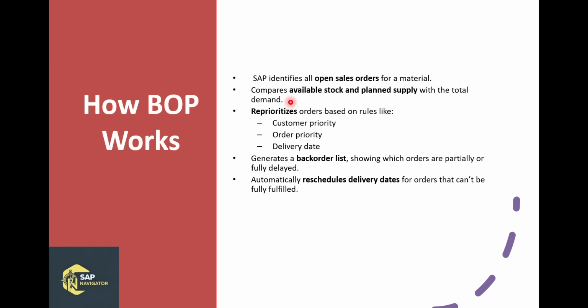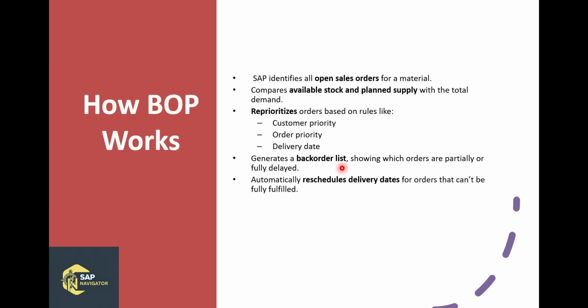Once it gets the data, it will reprioritize the orders based on rules, like customer priority and delivery date. We have to define the rules in the BOP segment. Then it will generate the backorder list, showing which orders are partially or fully delayed, or partially or fully confirmed.